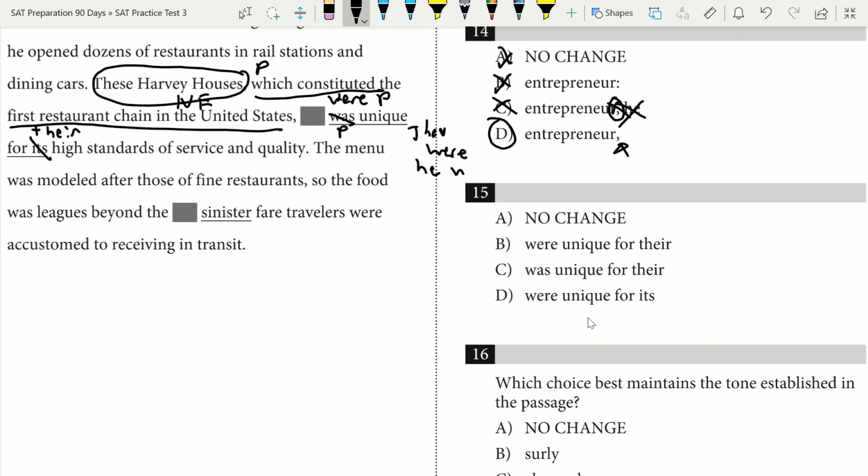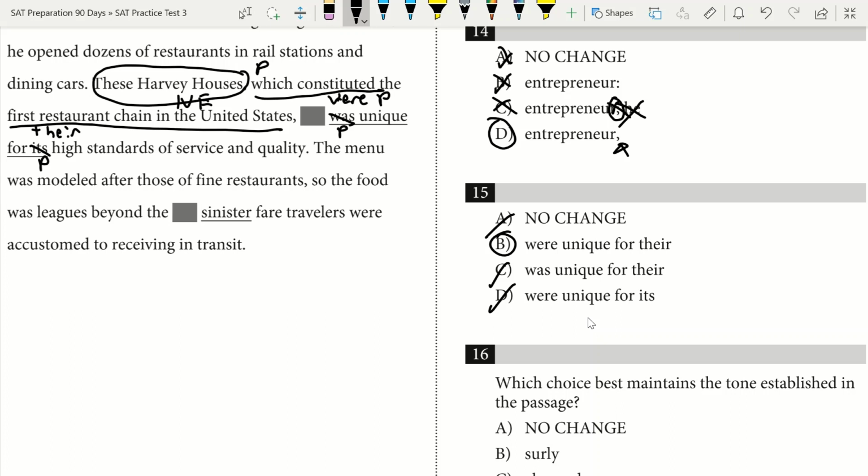We would say "he was," so "was" is singular, "were" is plural. "They were unique for it" is singular, but we need plural because we're talking about these Harvey houses, so I have to change that to "there" to be plural. This is a question where I'm asked to match subject and verb agreement, and I do that by making it "were unique for there." So my answer there is going to be answer choice B for 15.